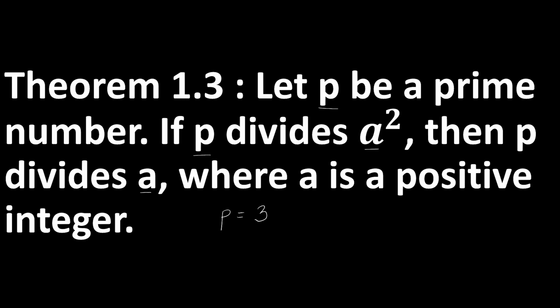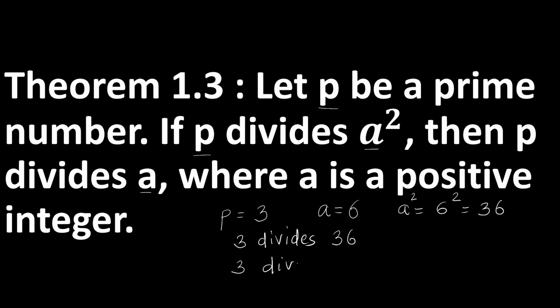So let's say that A, which is a positive integer, we are taking its value as 6. Now definitely if A is 6, A square will be equal to 6 square, 6 into 6, which is 36. So according to this theorem, what we understood is that if 3 divides A square, which is 36, then 3 will divide 6 also.